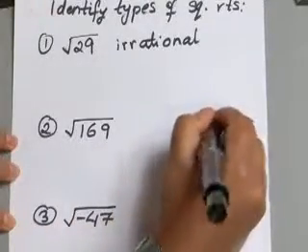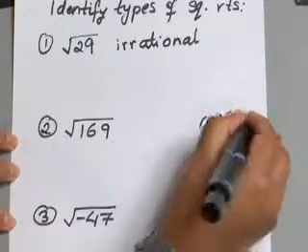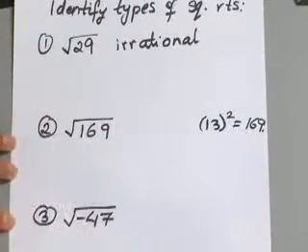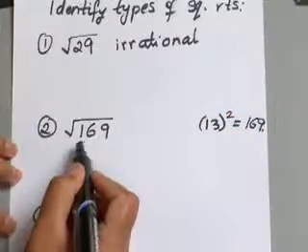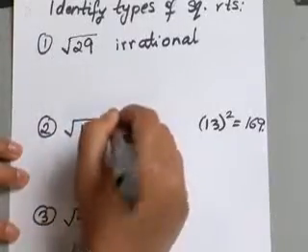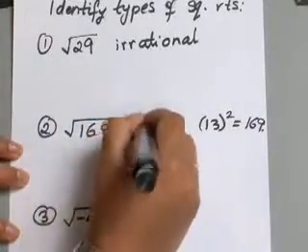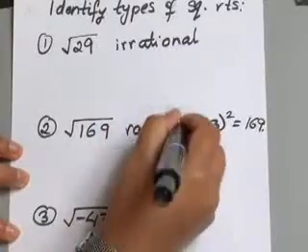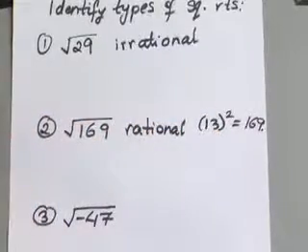So if you take 13 multiplied by itself, you get 169. So that tells me 169 by itself is a perfect square. So in this case, the root is going to be a rational number, because the roots of 169 will be 13 and negative 13, and both these numbers are rational numbers.